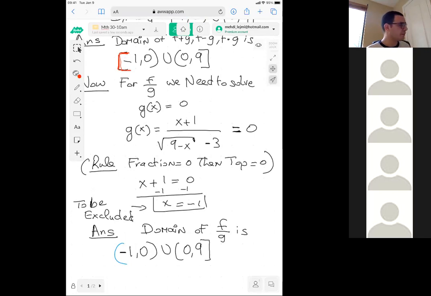Composition is a different kind of operation. It's not an algebraic operation like addition, subtraction, multiplication or division. It's just a different kind of operation that we can do on functions. I can move to the next page now, Ibrahima. Yes, you can, thank you.